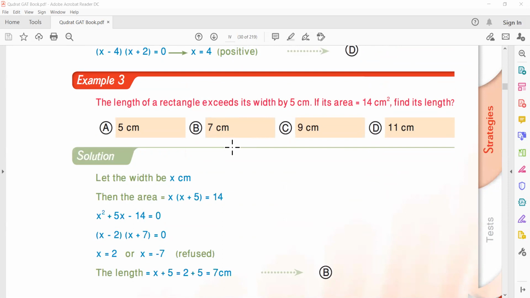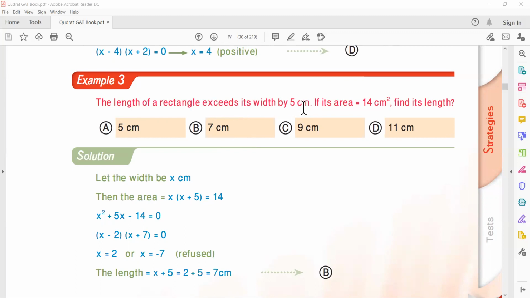What is the area of a rectangle? You multiply width and length, right?